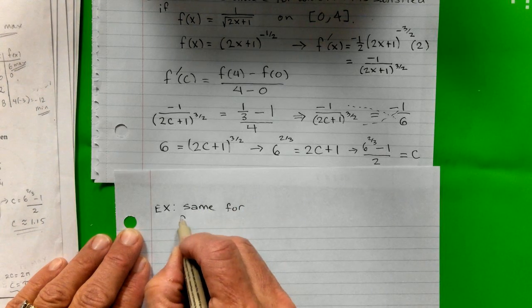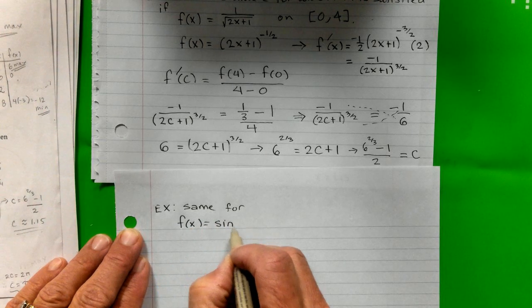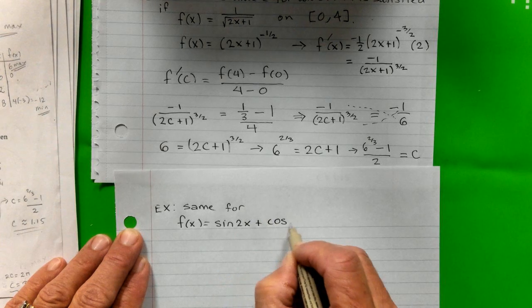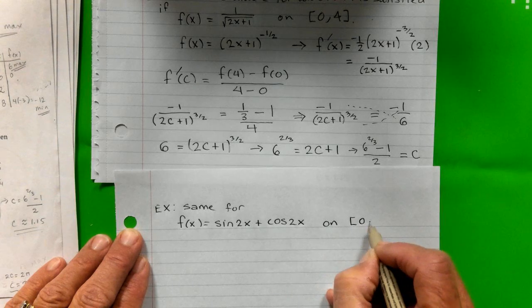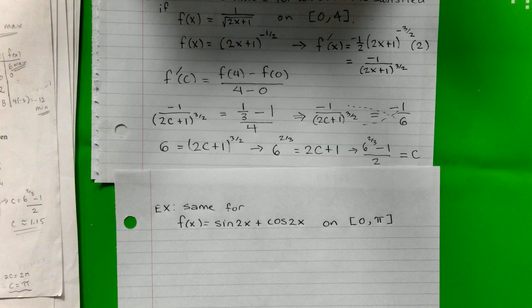Let's go with f of x is equal to the sine of 2x plus the cosine of 2x on the interval from 0 to pi. Find the value of c in that interval at which the slope of the tangent line is equal to the slope of the secant line.